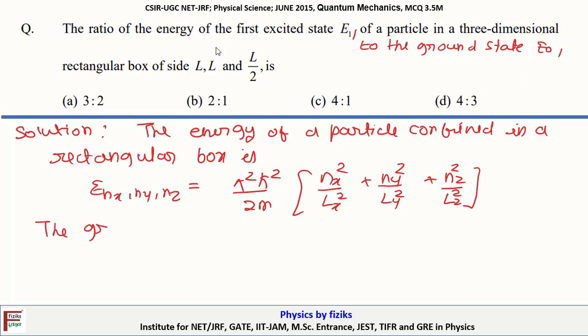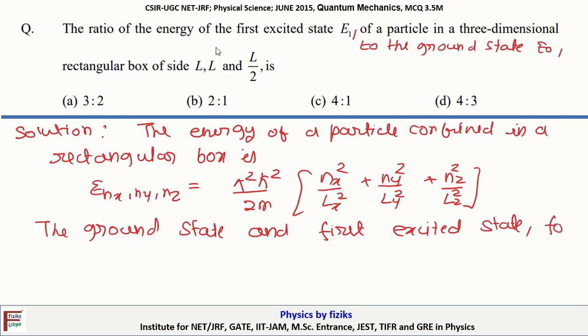The ground state and first excited state energies for the particle are as follows.